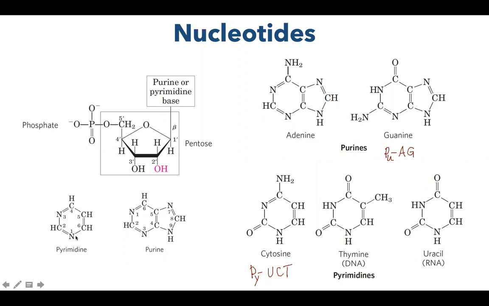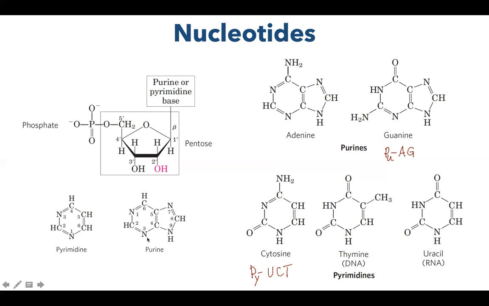Notice that your pyrimidine and your purine have their unique system of numbering the atoms found in the ring. For pyrimidines, it starts with this nitrogen. So this nitrogen is nitrogen 1, carbon 2, nitrogen 3, and so on in a clockwise manner.